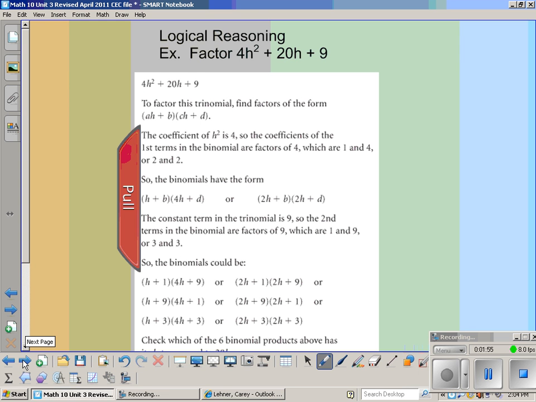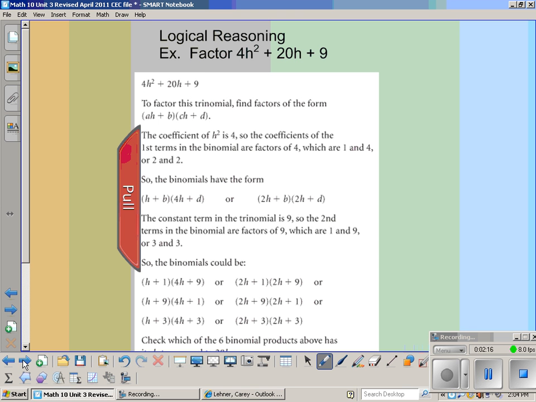Logical reasoning is another strategy that you can feel free to use if you wish. You're basically going to reason out your possible answers. So if we had 4h squared plus 20h plus 9, to factor this trinomial, you would want to find factors of the form ah plus b and ch plus d.